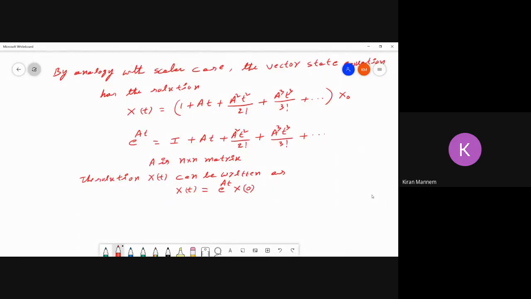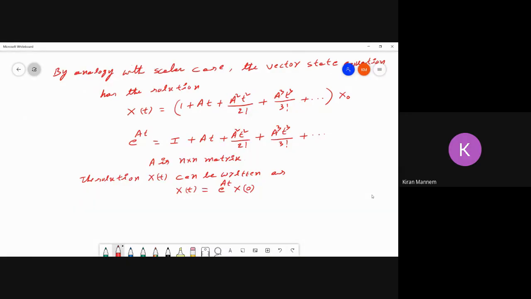The transition in state is carried out by the matrix exponential e power at. So e power at is known as the state transition matrix and is defined as phi of t is equal to e power at.